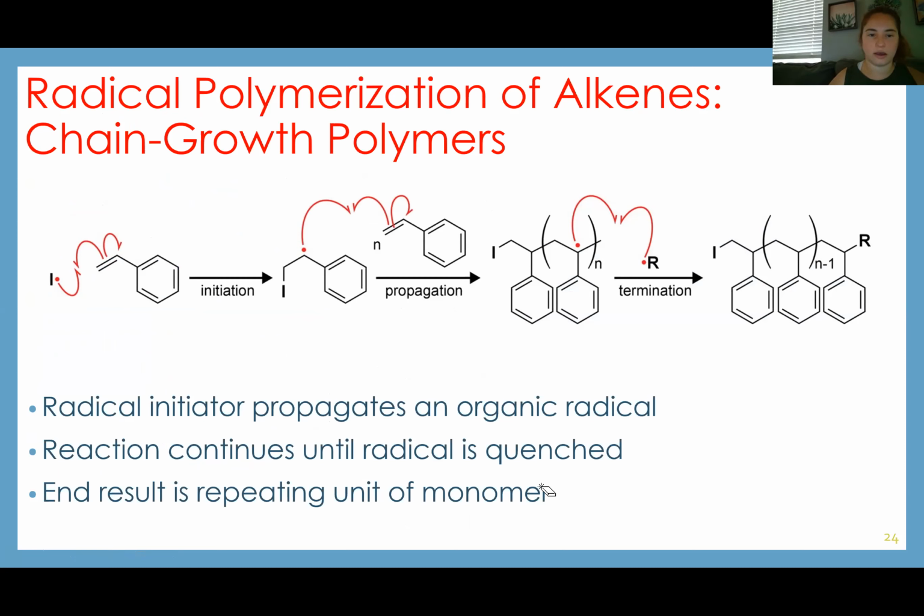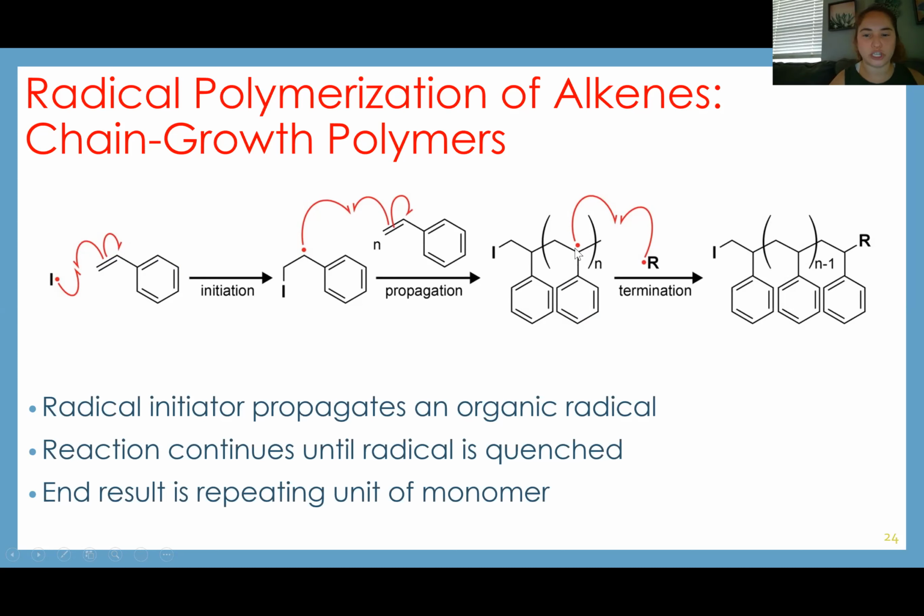But the radical polymerization is going to lead to a chain growth polymer, which means you have some sort of initiator, which is usually a halogen molecule, that starts by creating an alkyl radical. This is going to react with the next molecule of the monomer by radical reaction, which creates an identical radical, but just on a longer chain. And it just continues to occur until eventually termination happens.